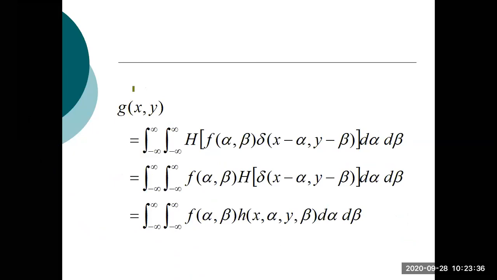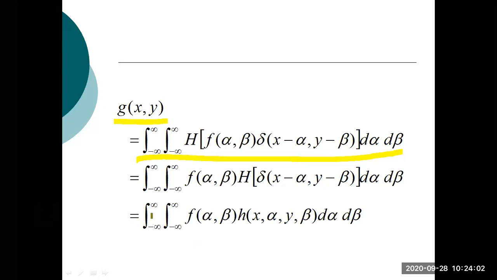So the same g of x comma y, we are rewriting the expression so that the integration is outside and H operates inside, H of f of alpha beta into delta of x minus alpha comma y minus beta into d alpha and d beta.